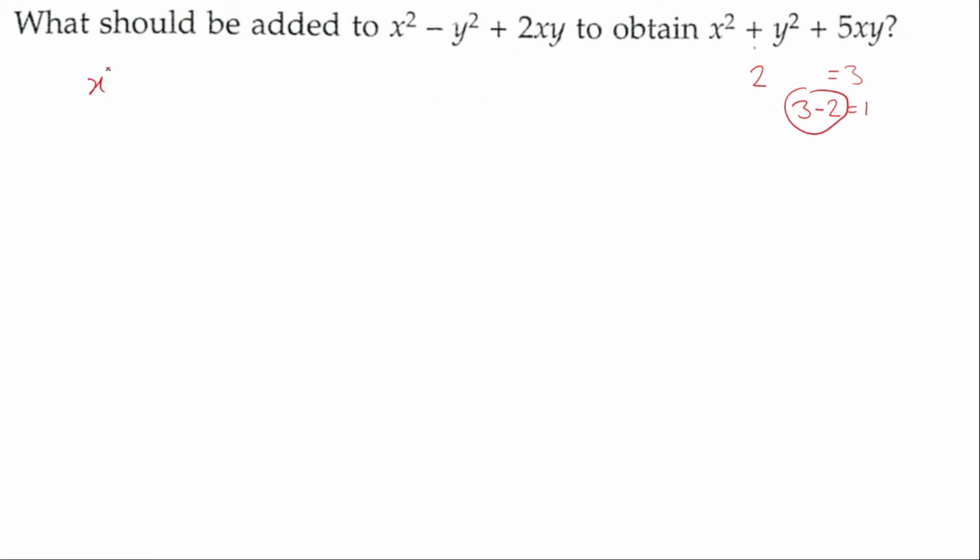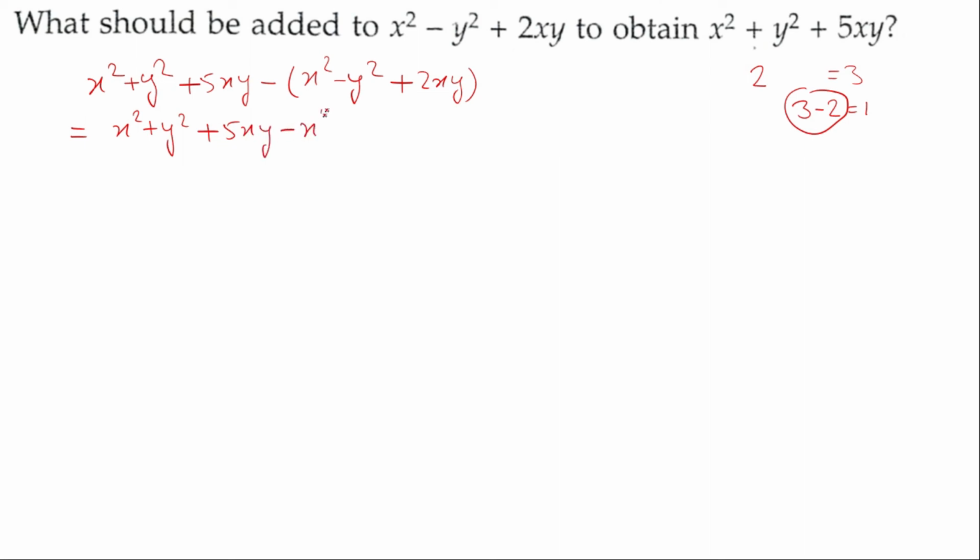We can write x square plus y square plus 5xy minus x square minus y square plus 2xy, or x square plus y square plus 5xy minus x square plus y square minus 2xy.